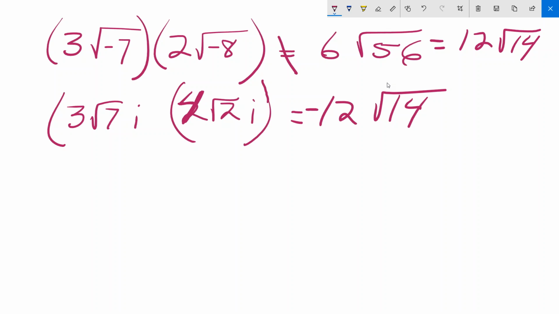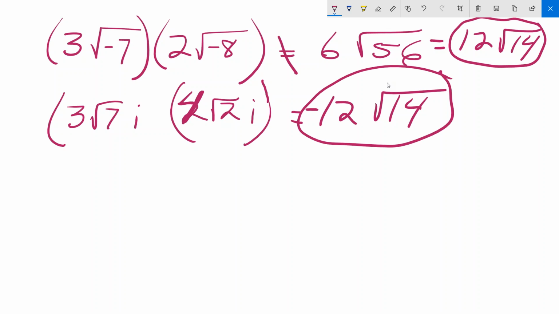Totally different answer. Yes. Based strictly on the fact that the second way, the correct way, extracts the i's first to avoid this -7 times -8 turning into a positive 56. It's a subtle thing, and it's puzzling to a lot of math students because there's not many math things where that appears to be wrong if you do it the way they've taught you to do it all along.